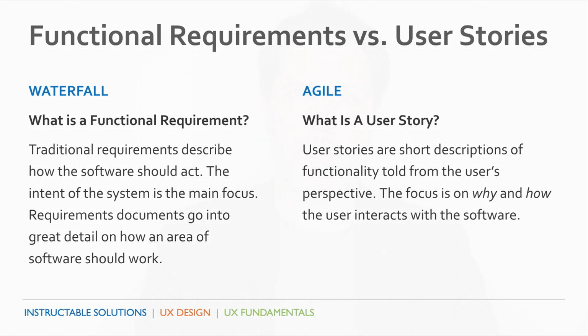In an agile methodology, we define scope a little more loosely. User stories are short descriptions of functionality told from a user's point of view. The focus is on why and how the user interacts with the software, and less about the exact requirements of how it functions.